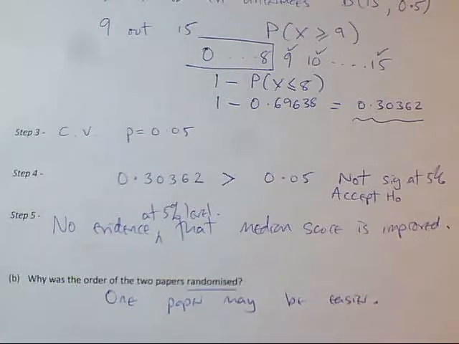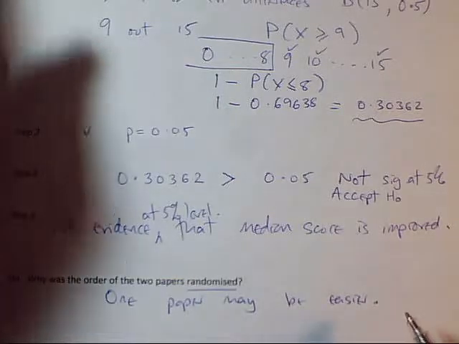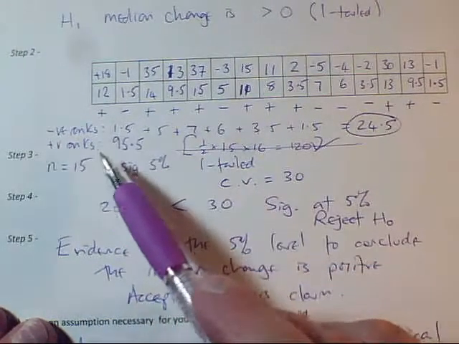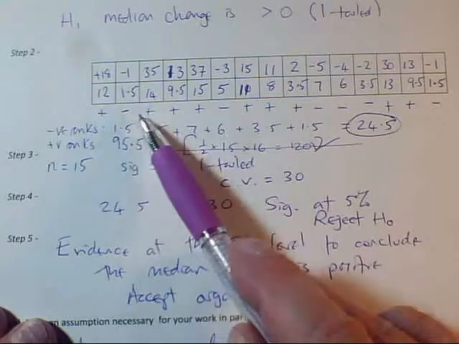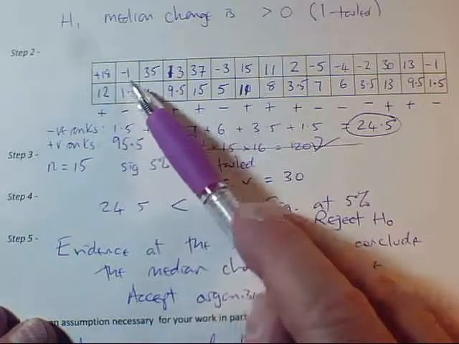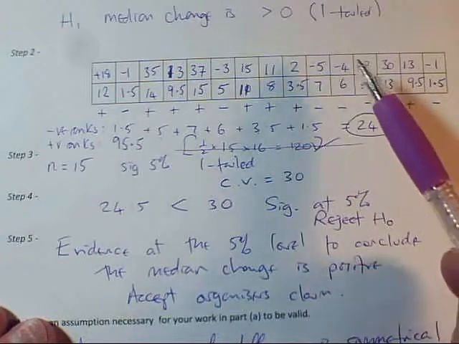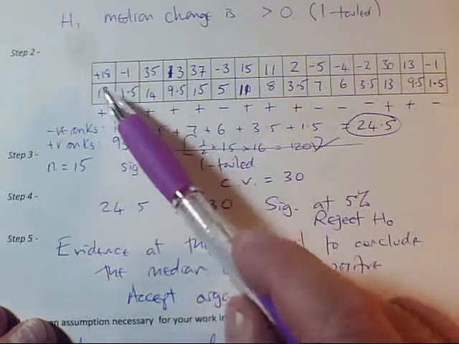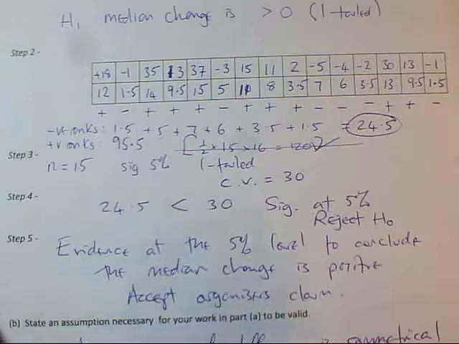And the reason for this big difference is, as we commented, the sign test completely fails to notice that the negatives correspond to really small differences like -1 and -3 and -4 and -5, whereas the positive differences in some cases were really quite huge changes in marks.